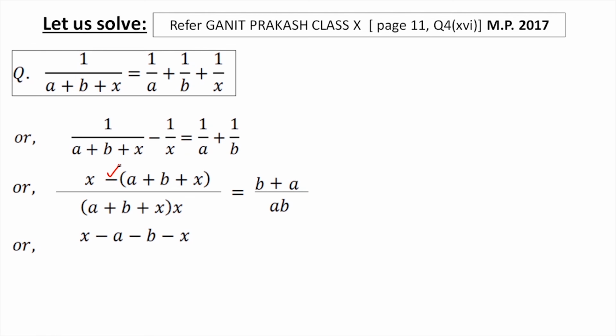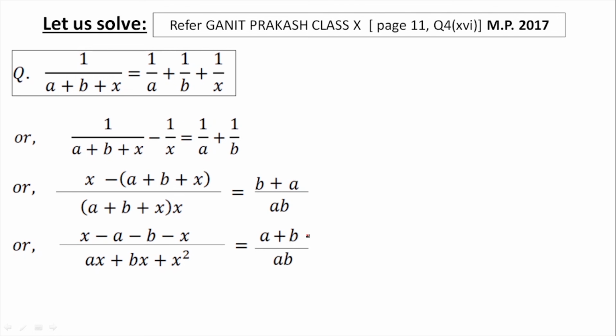So what I'll get is x, and a minus into plus is minus, minus into plus is minus, divided by, again multiplying with x: x into a is ax, x into b is bx, and x into x is x square. So ax plus bx plus x square equals, here it is the same. This is b plus a, so I'm just writing a plus b, divided by a into b.